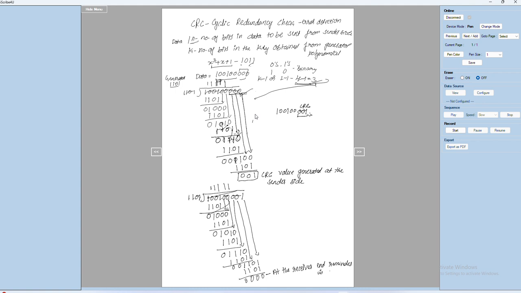This means there is no mismatch in the communication. Whatever data is transmitted with the CRC, the actual data is received. Thank you.